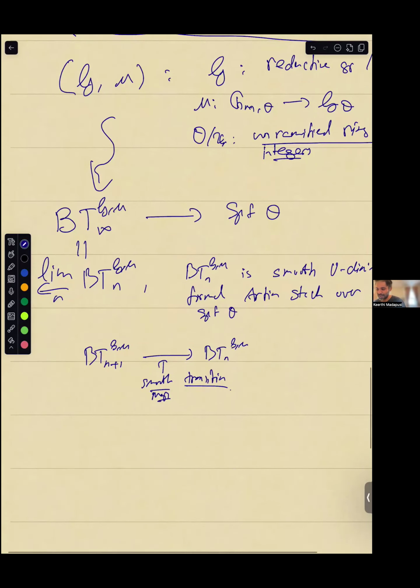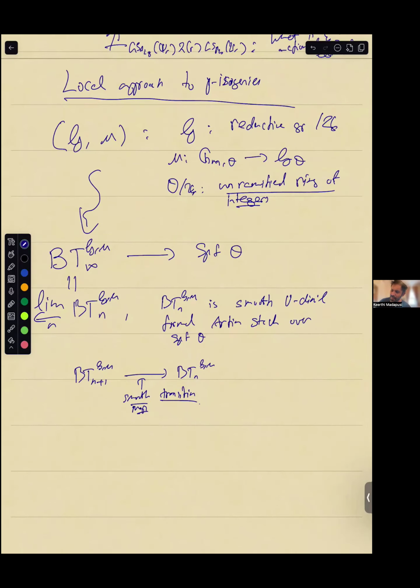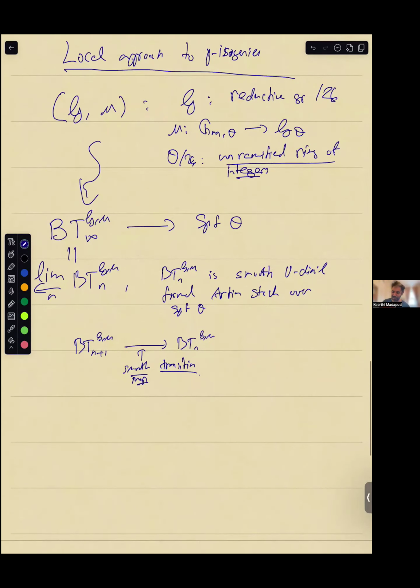So this is just some notation that I put on this page. But what these stacks are, I'm just going to tell you something about what they represent in an impressionistic way, and then give the definition a bit later.